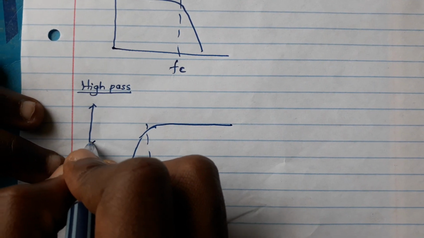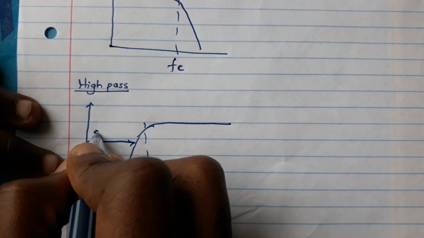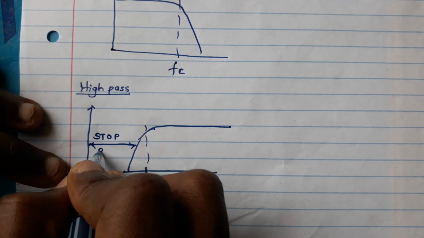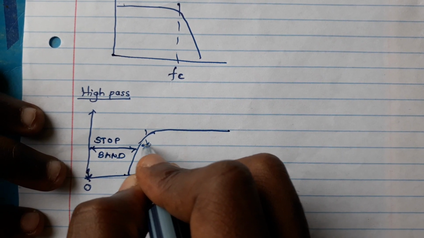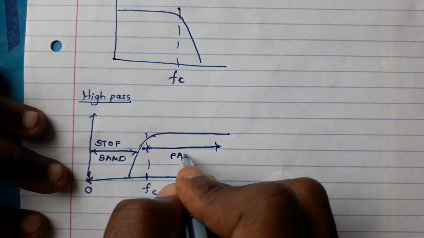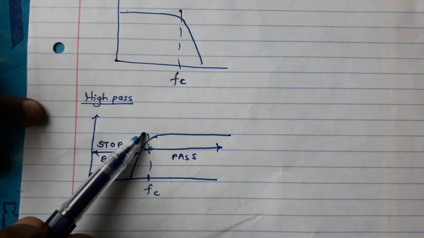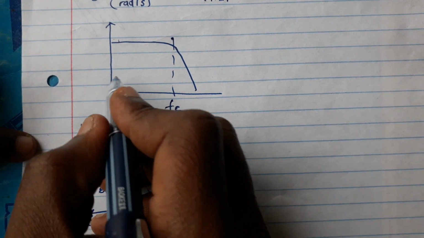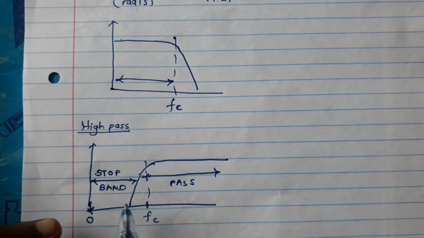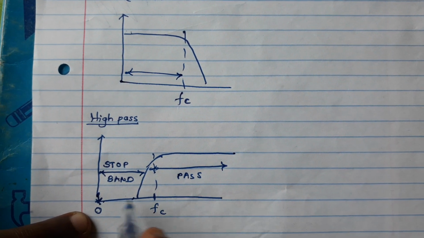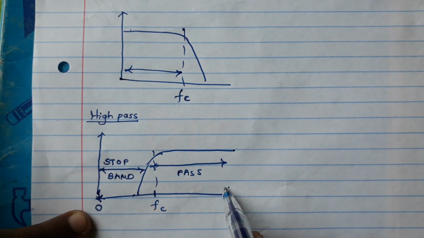So in this case, we'll call this region the stop band, and this other region the pass band. As you compare these two responses, you realize that in one, low frequencies are allowed to pass, therefore it's a low-pass filter. And in this other one, high frequencies are allowed to pass, and therefore it's a high-pass filter.